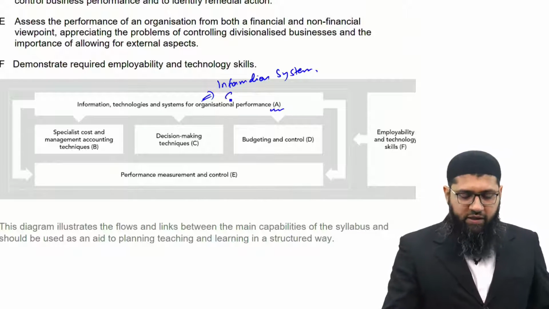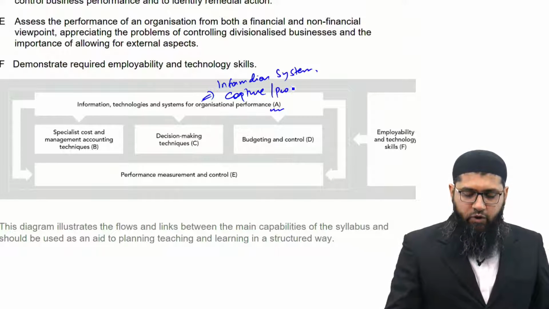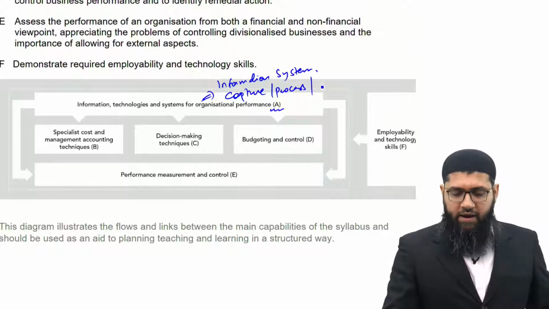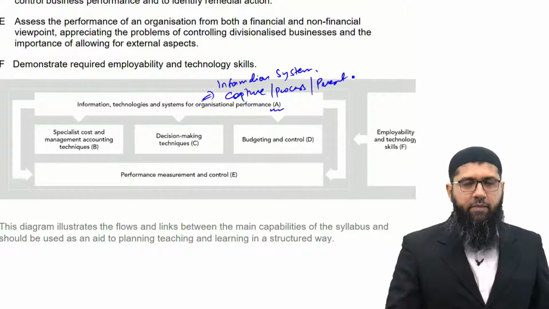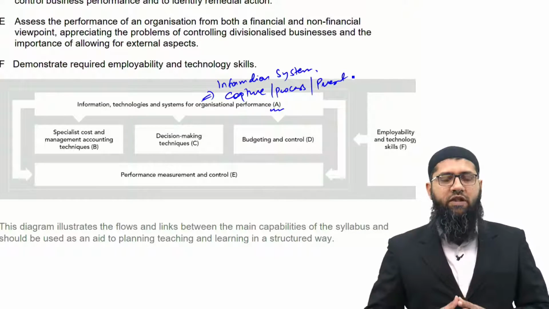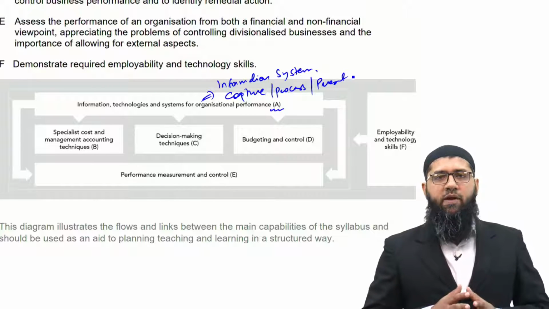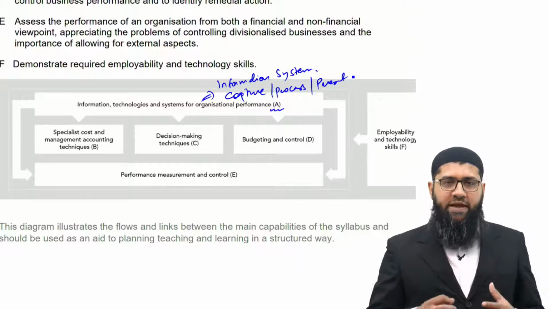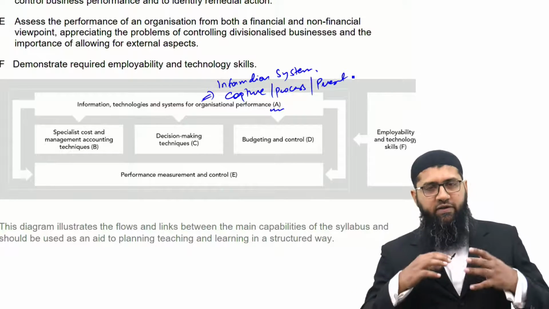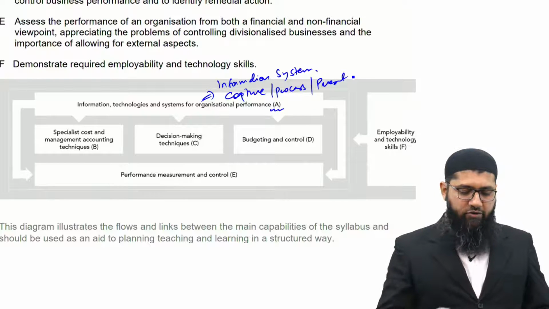How should the organization capture the information? How should it process the information, and how should it present the information? So this specific area, section A of the syllabus, guides you about the different types of information, how the information could be captured, how it could be processed, and how it could be used to evaluate the performance of the organization.